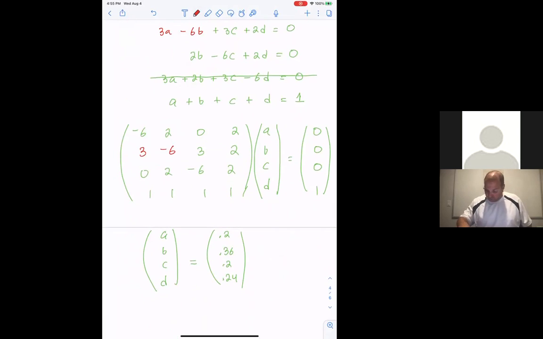So now I'm going to go into my edit mode, and that should be a 3, and that should be a -6. And now I'm going to do exactly the same thing, and I do in fact get 0.2, 0.3, 0.2, 0.3.